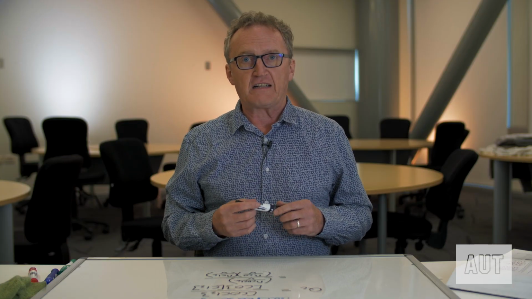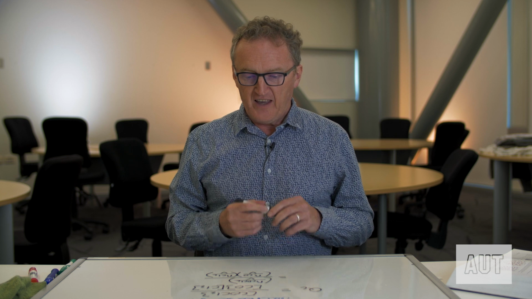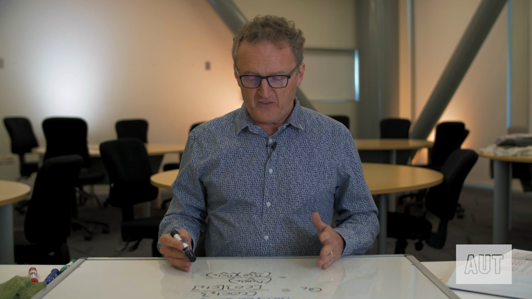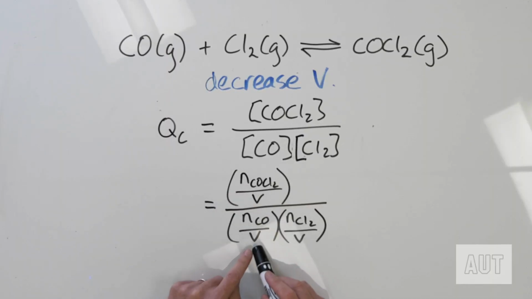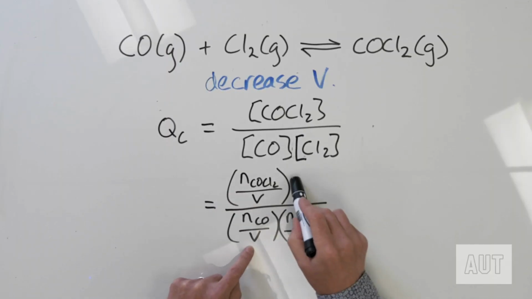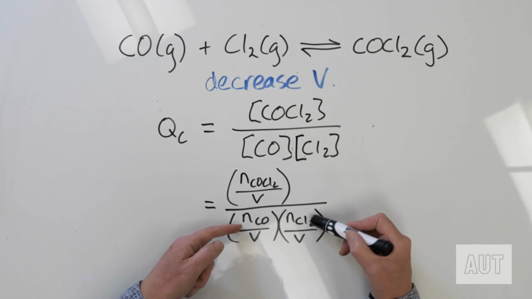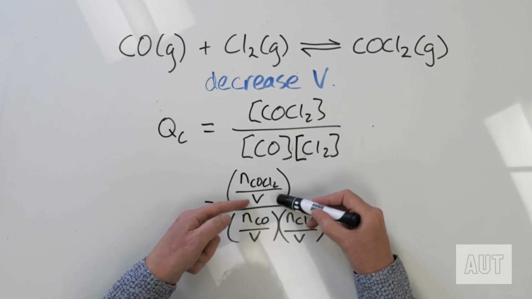A fraction divided by a fraction multiplied by a fraction. Looks like nasty maths. But it's not too bad, because hopefully they taught you at school that if you've got a fraction on a fraction, you take the bottom line and put it all the way up the top, and you take this line and put it on the bottom of that one.